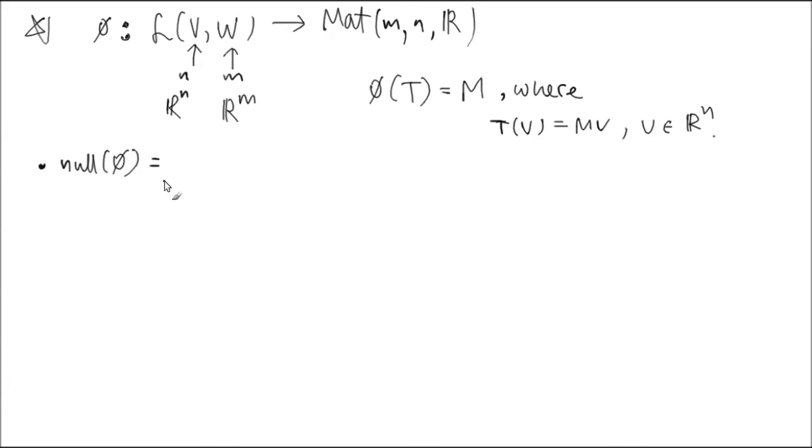These are all the maps T in there. So T is going to be the 0 map, right? It's a 0 matrix. 0 in the matrix world.